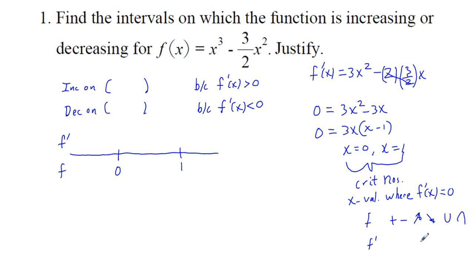And then where f prime is positive, f is increasing, we have a plus sign. And where f is decreasing, we have a minus sign in f prime. And there's going to be an f double prime row down below here.